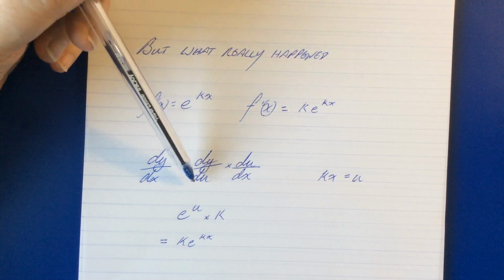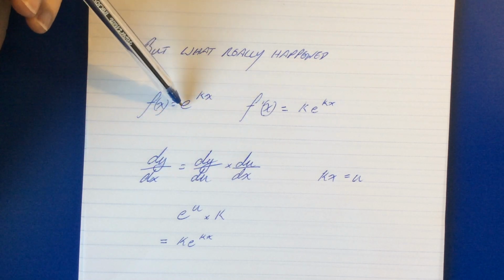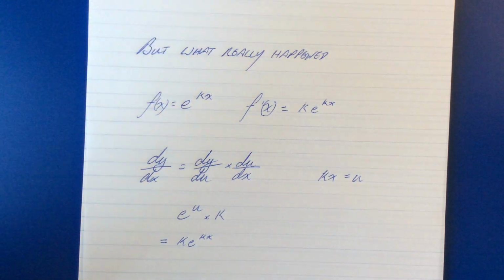And what the chain rule does is it basically splits up our problem. It's made for cases like this where you have what could otherwise be a very difficult piece of work to differentiate.